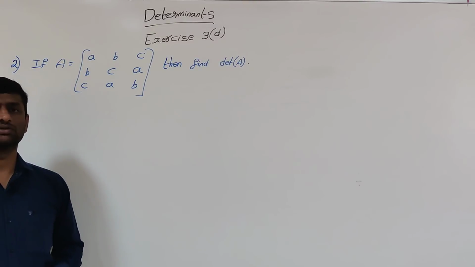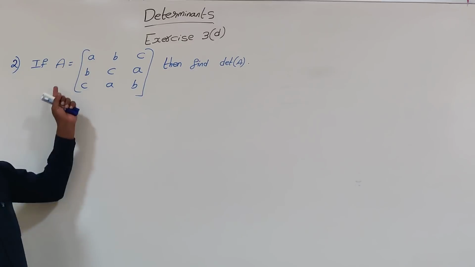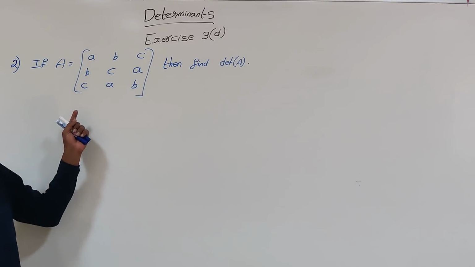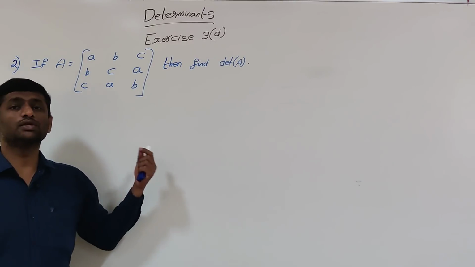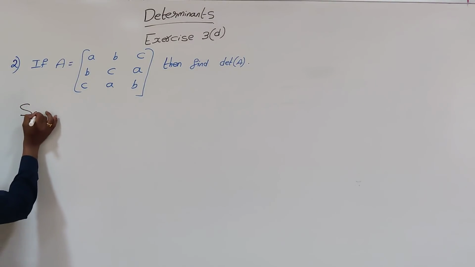Now the second question. If A is a matrix, where the first row is A, B, C, the second row elements are B, C, A and the third row elements are C, A, B, then what is the determinant of the matrix? So we'll see the solution.